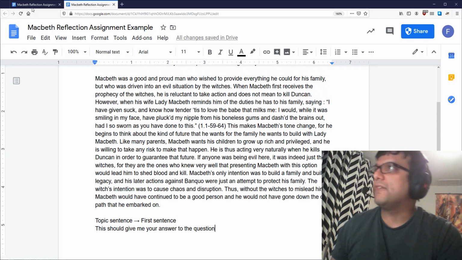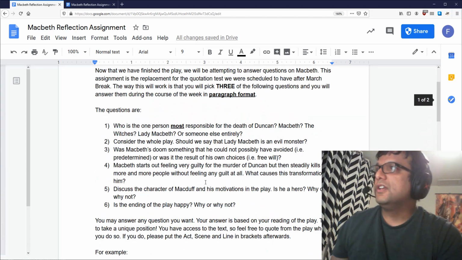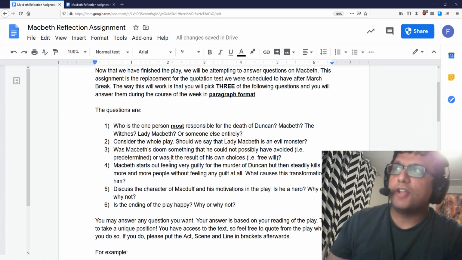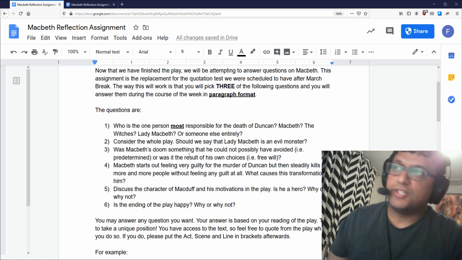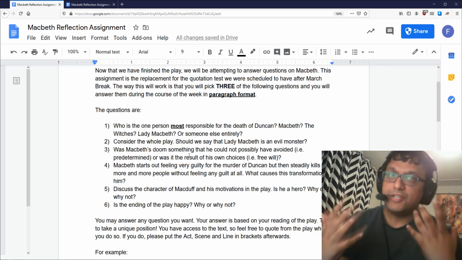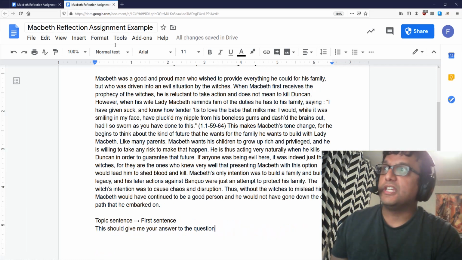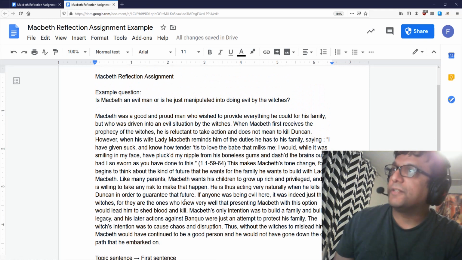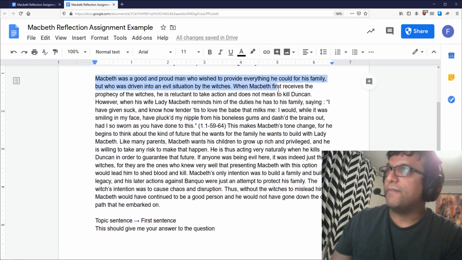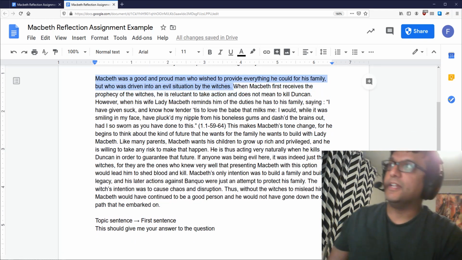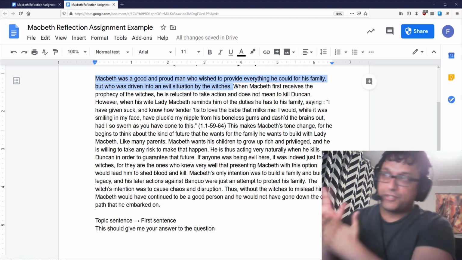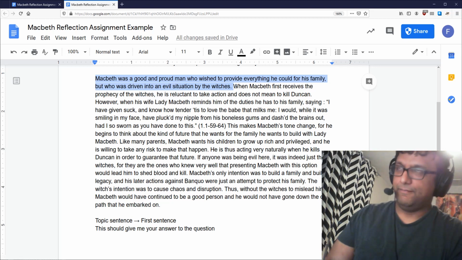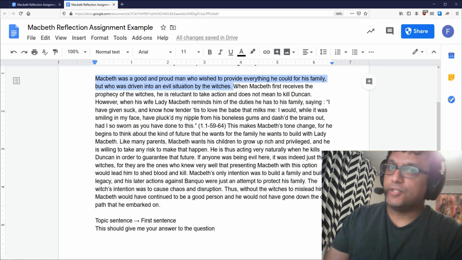If you're answering, was Macbeth's doom something that he could have avoided, or was it a result of his own choices, I should know right away which side you're on in that first sentence. That's the key. You always have to have a topic sentence. So Macbeth was a good and proud man who wished to provide everything he could for his family, but who was driven into an evil situation by the witches. It's clear from my first sentence that I am taking that position.